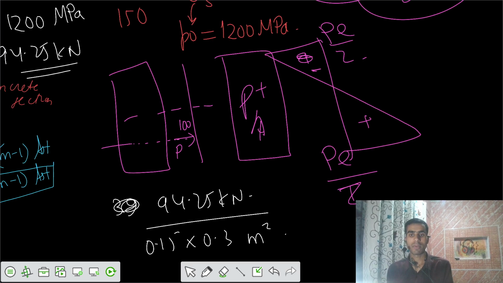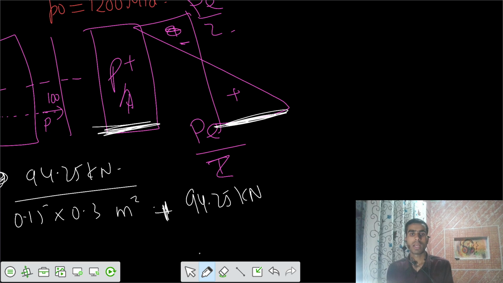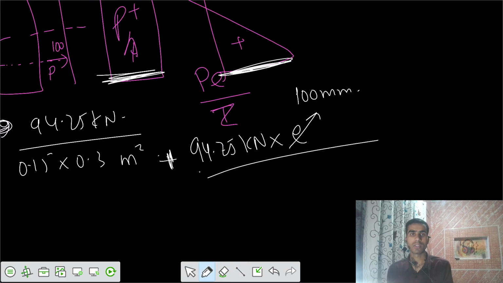By the first method, we are going to ignore the area of the steel, and the second stress is the stress at the bottom. We need to calculate the stresses at the bottom, that is at the soffit of the beam. So plus, at the bottom we have plus 94.25 kilonewton, and the eccentricity was given to you as 100 millimeters, then divided by Z, the section modulus for this rectangular concrete section, that is BD cube by 12, yeah, BD square by 6, in millimeter cube.